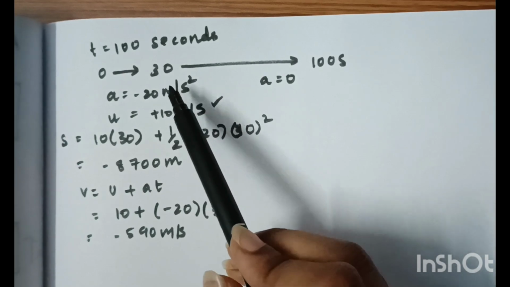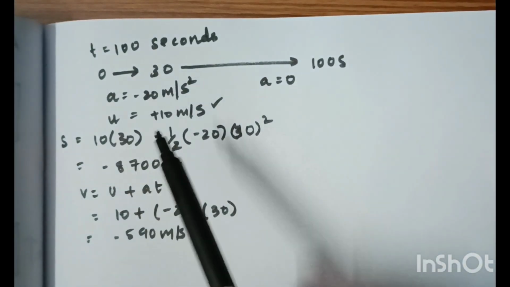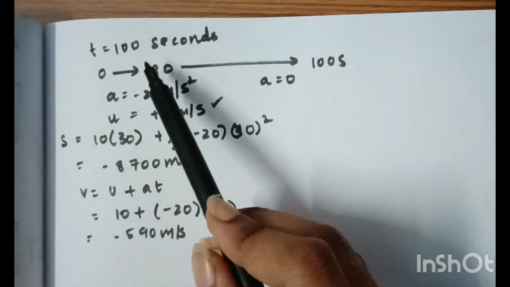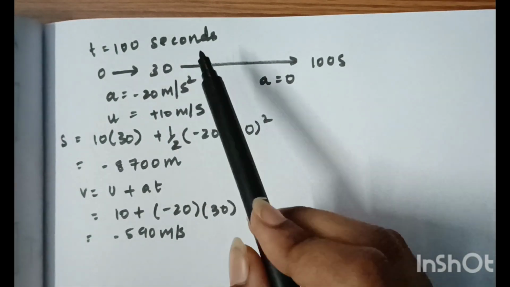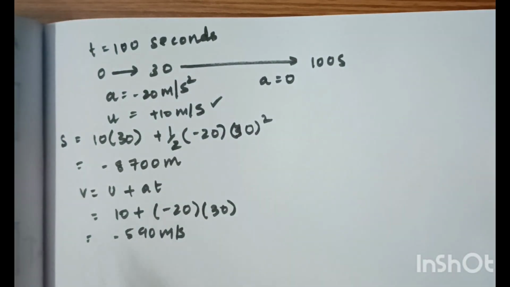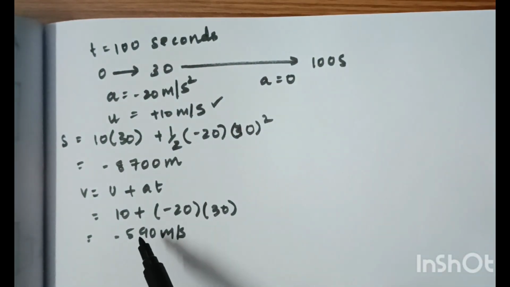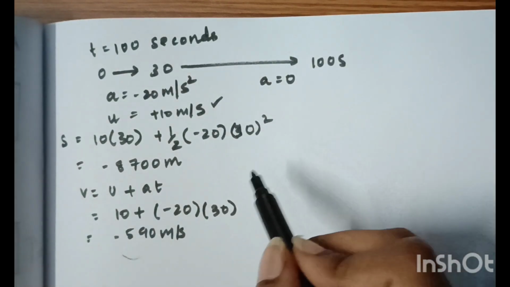And why are we finding the velocity at t equals 30 seconds? Because this is the initial velocity for the next part of the journey, that is 30 to 100 seconds. This will be the initial velocity. So only we are finding this one.